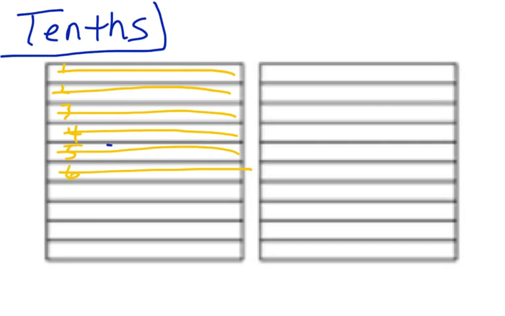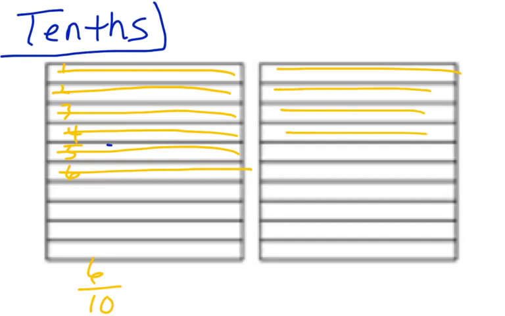And so I shaded in 6, and now I shaded in 6/10. Now if I look at this again, and I'm talking about a decimal, then I can also say I shaded in 0.6 or 6/10. Both of these are the same. They take up the same part of a whole.